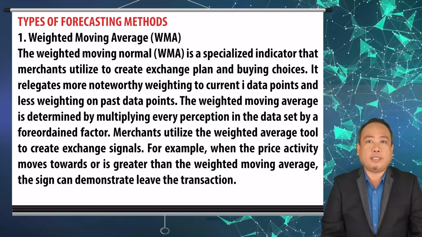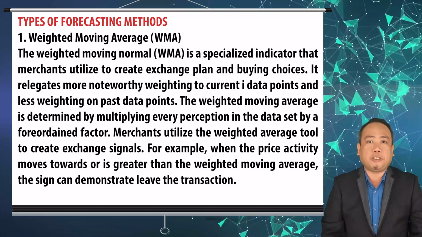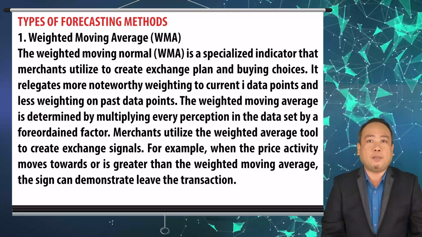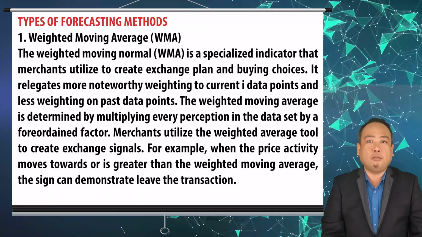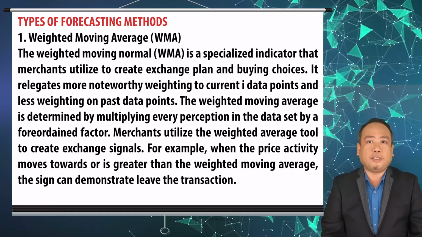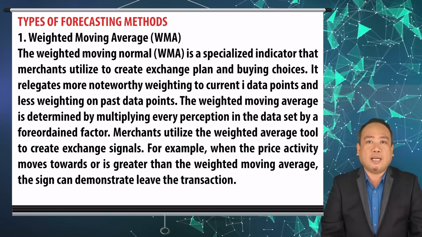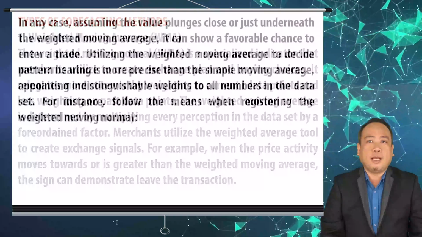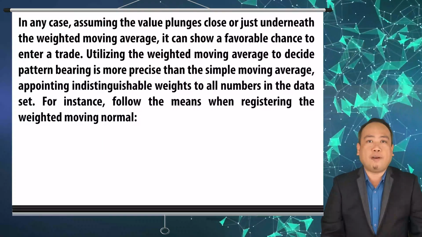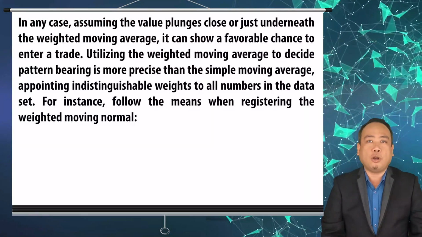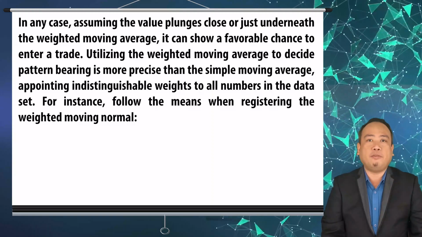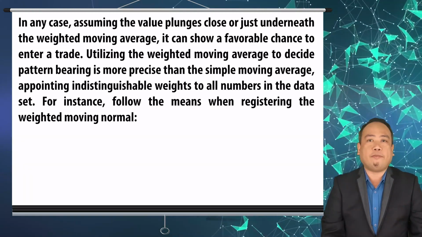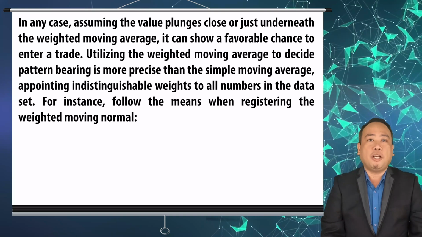Merchants utilize the weighted average tool to create exchange signals. For example, when the price action moves towards or is greater than the weighted moving average, the signal can indicate to leave the transaction. However, if the value plunges close to or just underneath the weighted moving average, it can show a favorable chance to enter a trade.